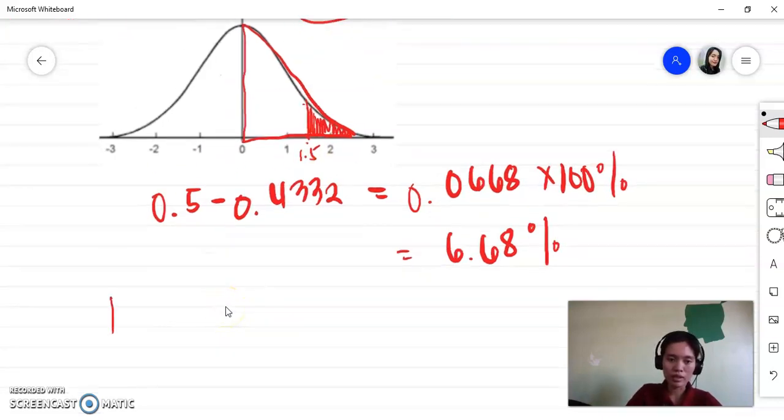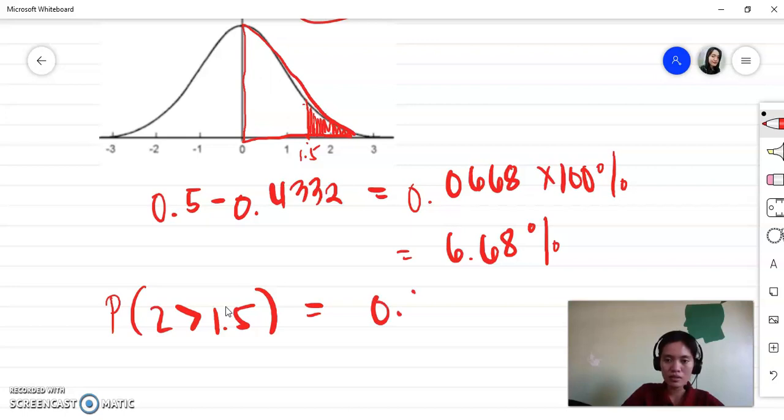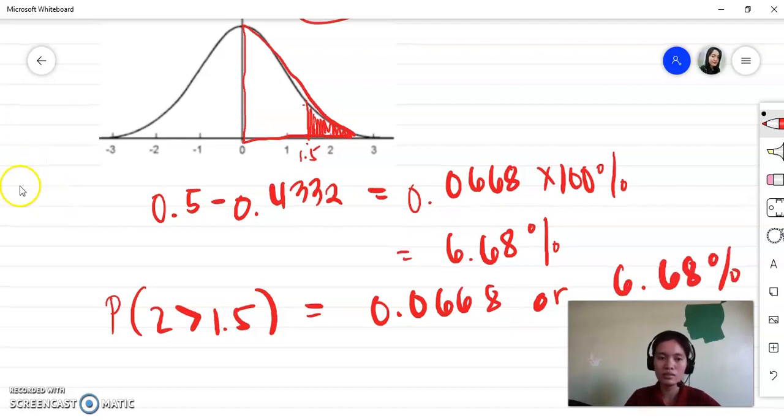So the probability that z is greater than 1.5 is 0.0668 or 6.68%. Okay, so that's it.